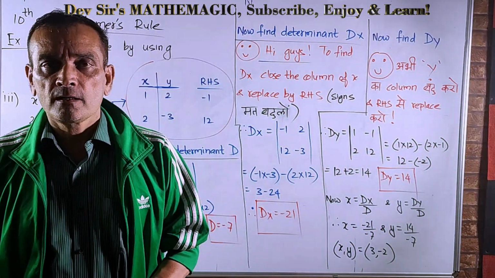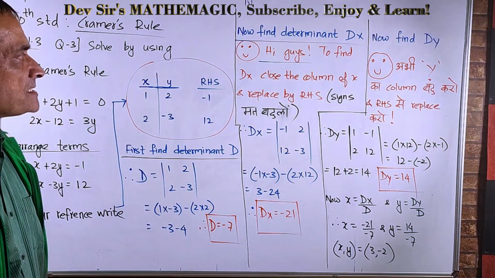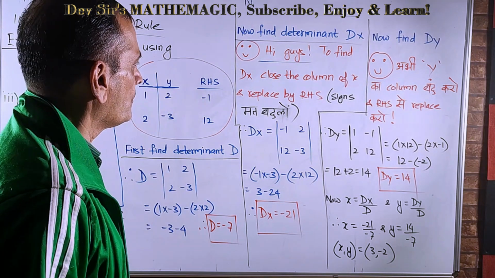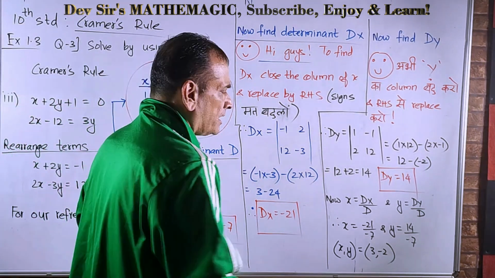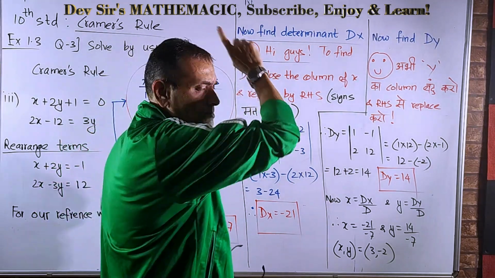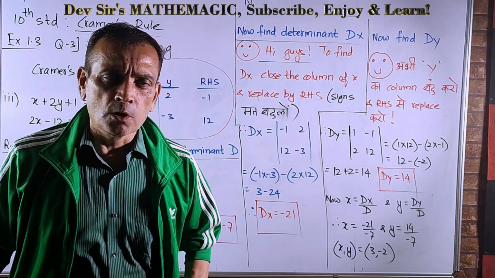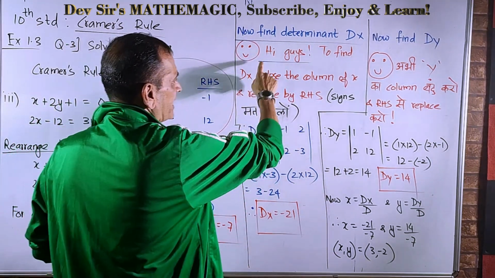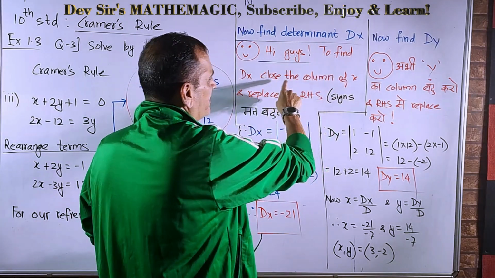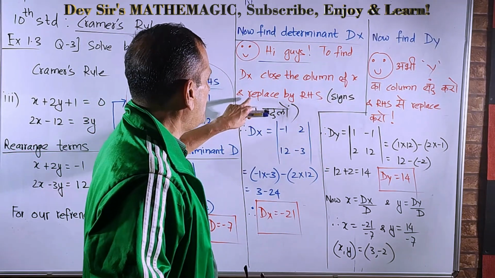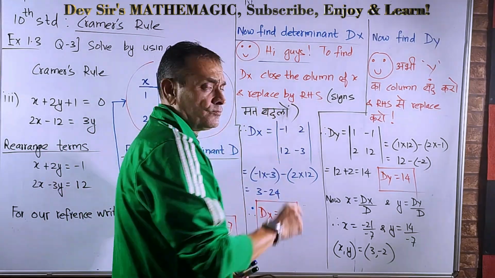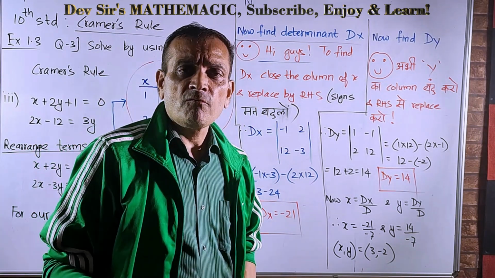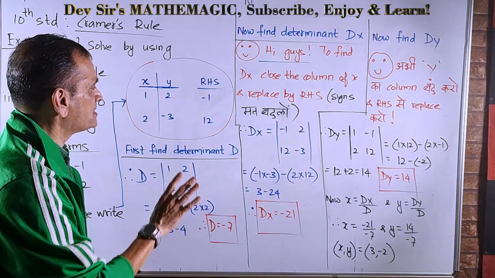Now find the determinant called dx. See how to find dx. Smiley comes back to tell an important rule. Hi guys. To find dx, close the column of x and replace it by the RHS. Don't change the signs. From where? Now comes our reference.